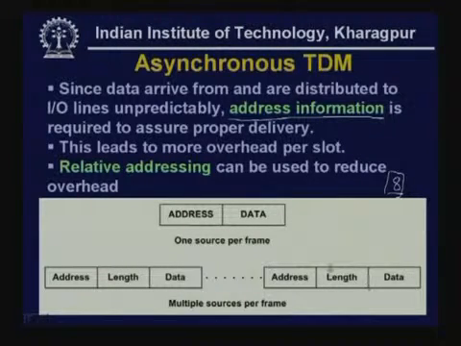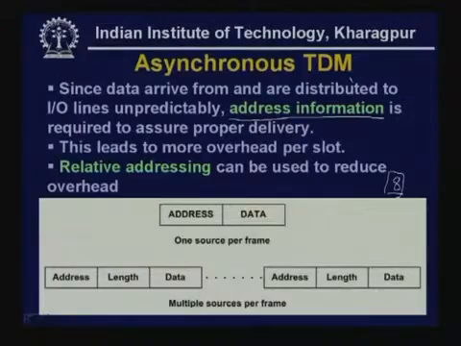Similarly for the length field, we can say the number of bytes is 1, then 00, the number of bytes is 2, then 02, and that can also be appended as part of the address field. In this way we can try to reduce the overhead, but whatever we do, there will be some overhead that cannot be escaped.